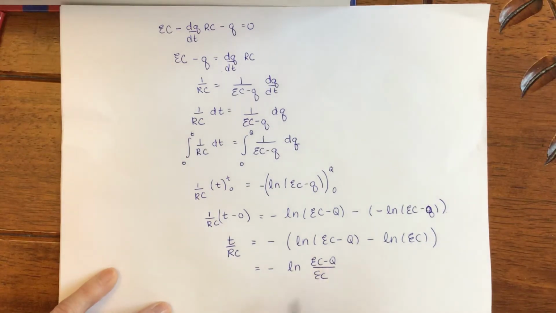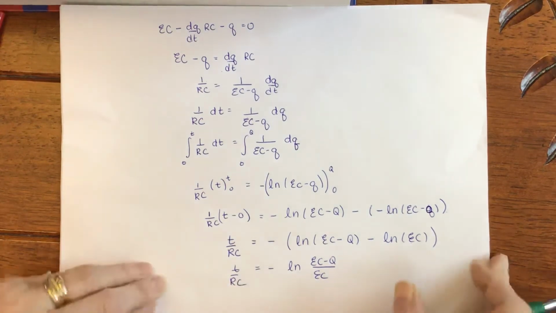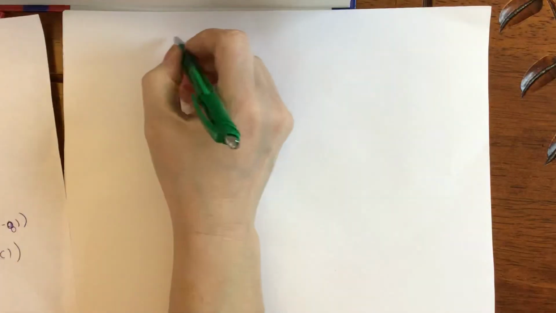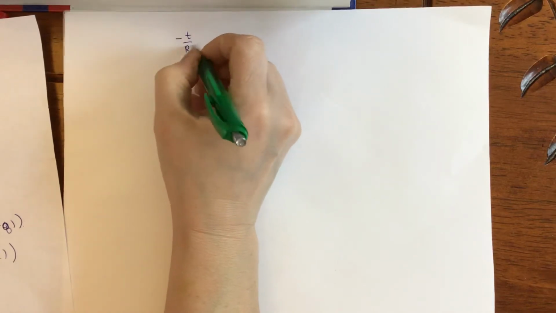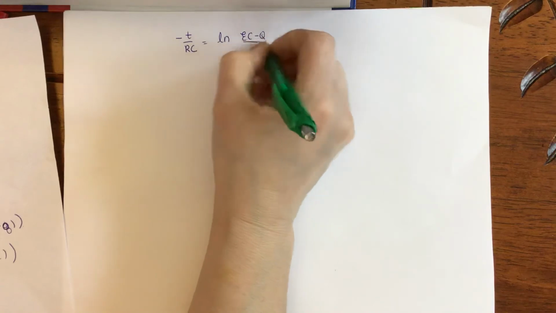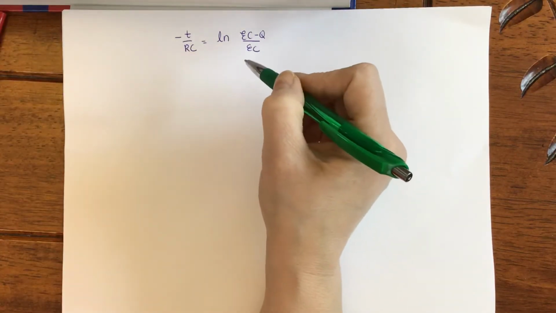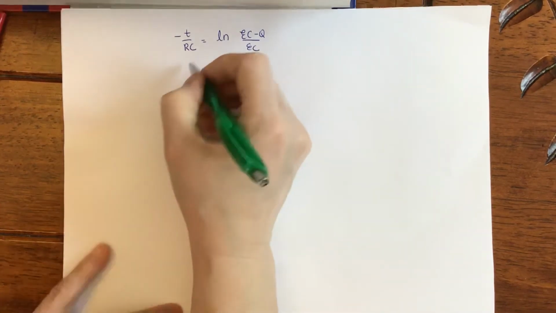So now we're trying to solve for our charge q. Let's get our minus over to the other side. So minus t over RC equals natural log of epsilon C minus q over epsilon C. To get rid of our natural log term, we raise both sides to the power of e.